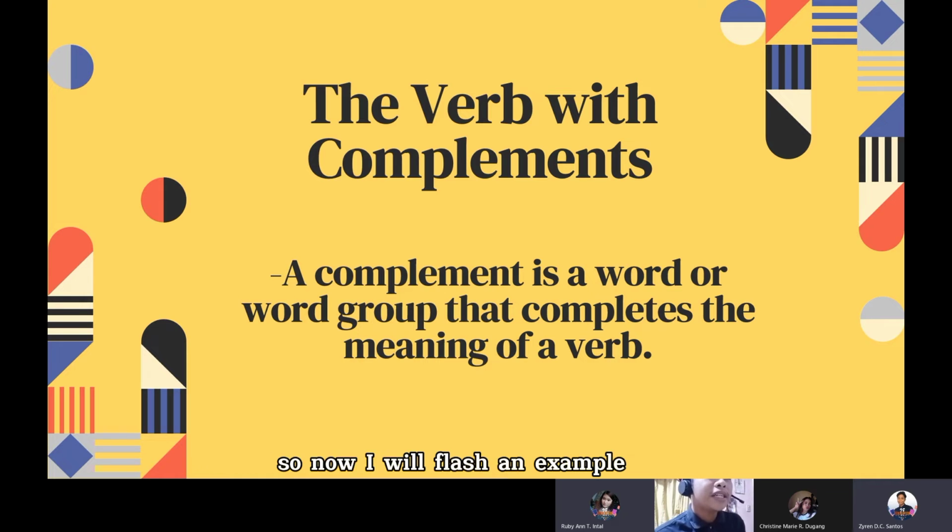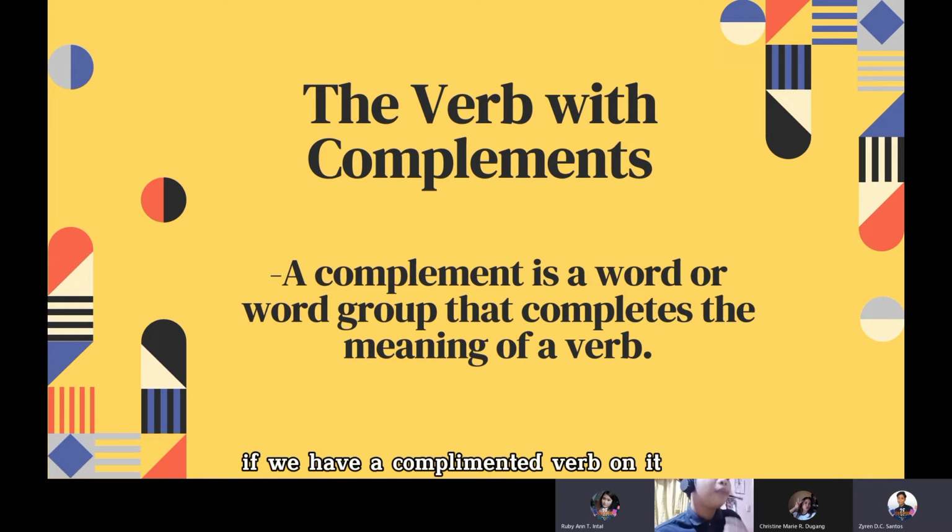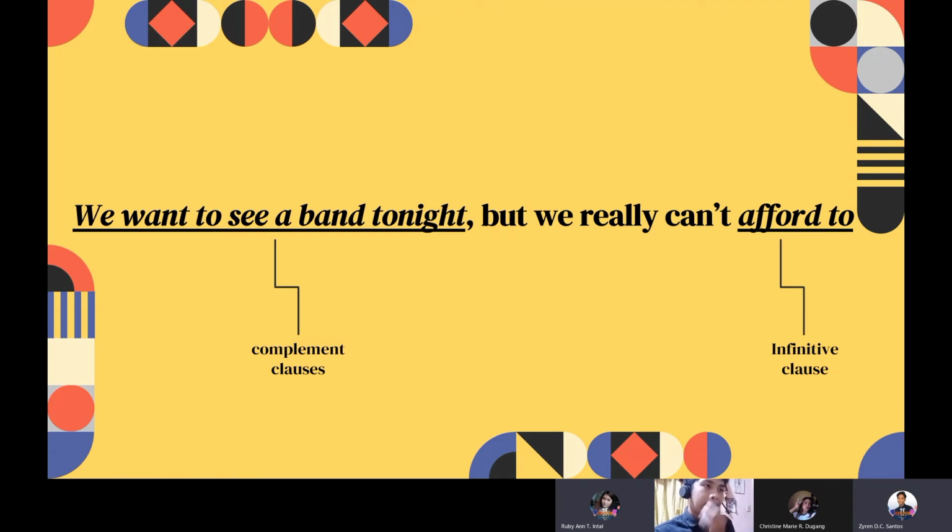So now I will flash an example and let's see what the structure of the sentence is if we have a complemented verb in it. So here we go: we want to see the band tonight.